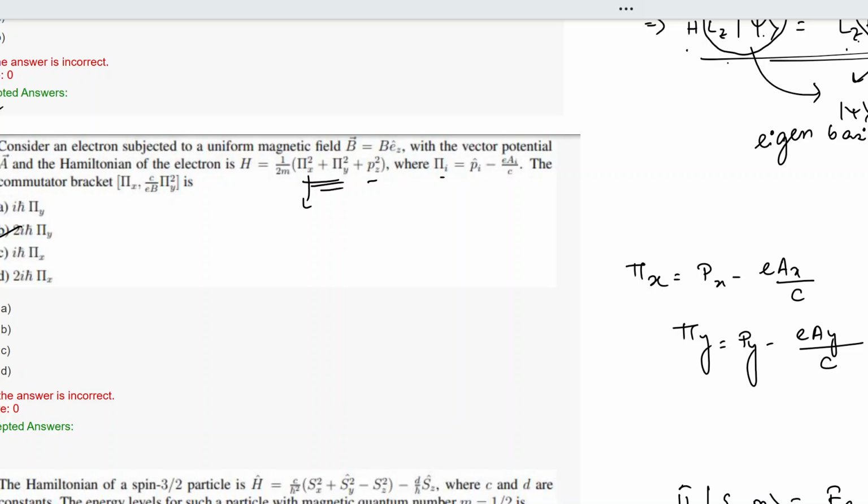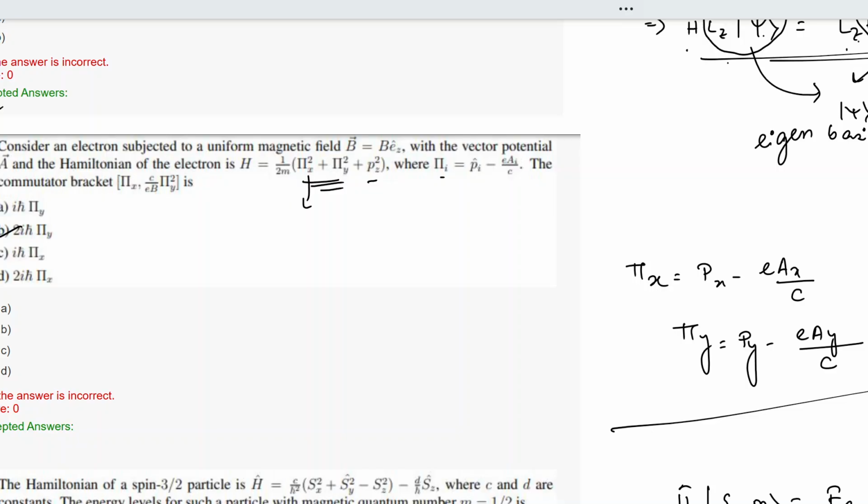So you take C by ħ squared as a constant. So in the first term this is Sx squared expectation value plus Sy squared expectation value minus Sz squared. You can probably figure out how this term can be simplified: S squared has an eigenfunction relation with the s m state, but Sx squared and Sy squared do not have.